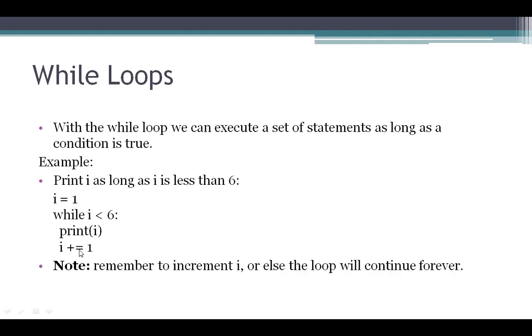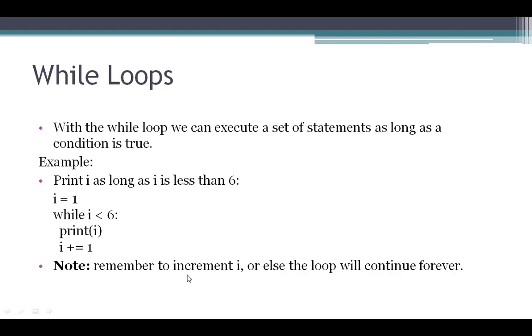Then i is incremented to 3. 3 is less than 6, 3 is getting printed. Then 4, then 5. It prints 5. Then the value of i becomes 6. So 6 is not less than 6, and it comes out of the loop. So from 1 to 5, the values get printed.